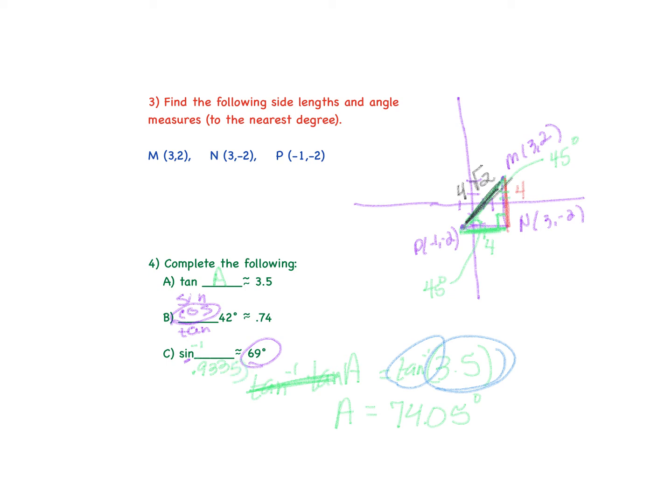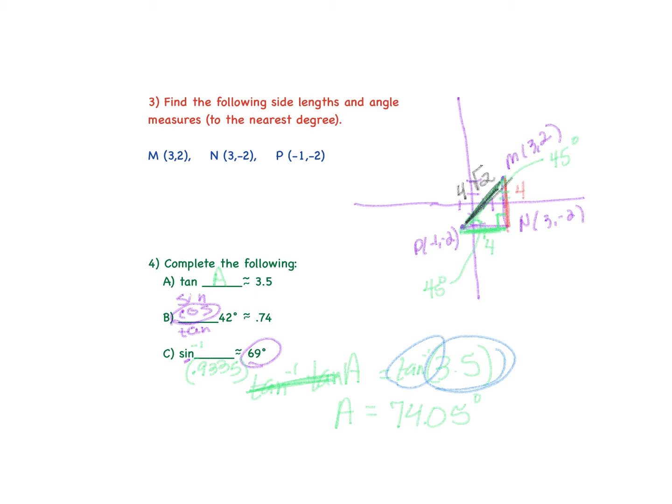0.9335. And look, if you put that in your calculator under second sine, 0.9335, you get 69 degrees. So for that one, again, you take the sine of both sides, and you would get the answer.